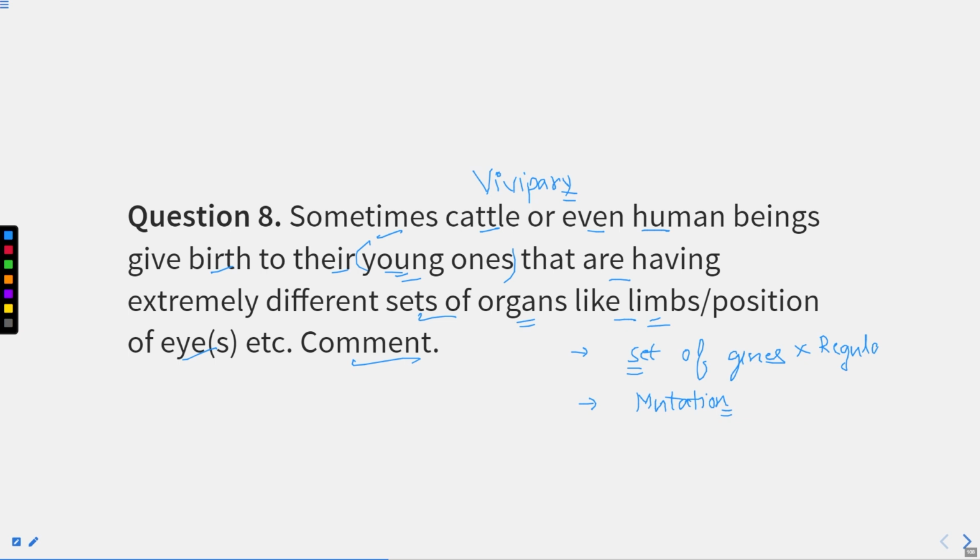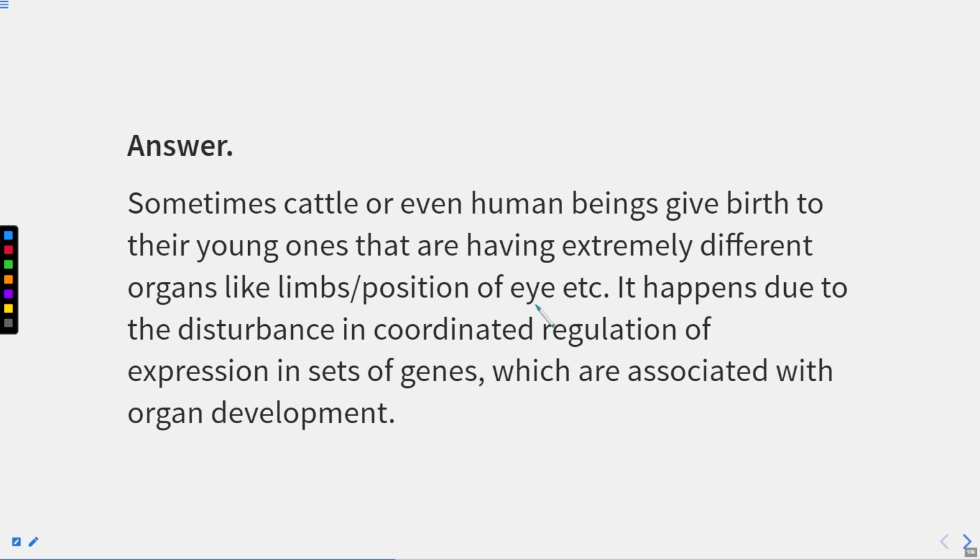Due to the lack of regulation of these set of genes, this results in the development of extremely different sets of organs. So let's look at the answer.